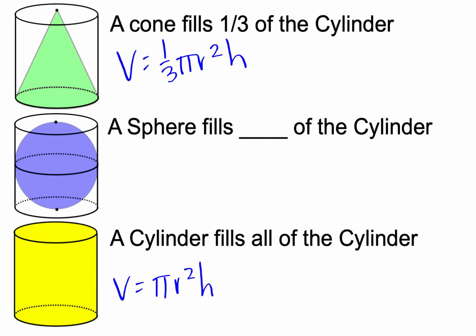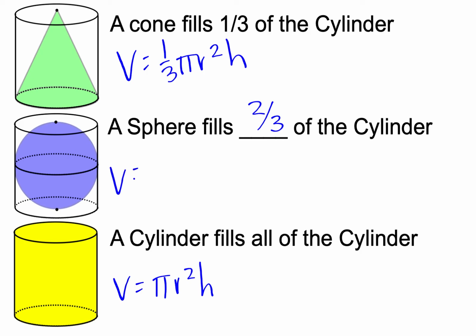So the cone fills up 1/3 of the cylinder, and of course the cylinder fills up all of the cylinder. The sphere actually fills up an interesting fraction of the cylinder. And that fraction ends up being 2/3. And I'm just going to demonstrate that that is the case.